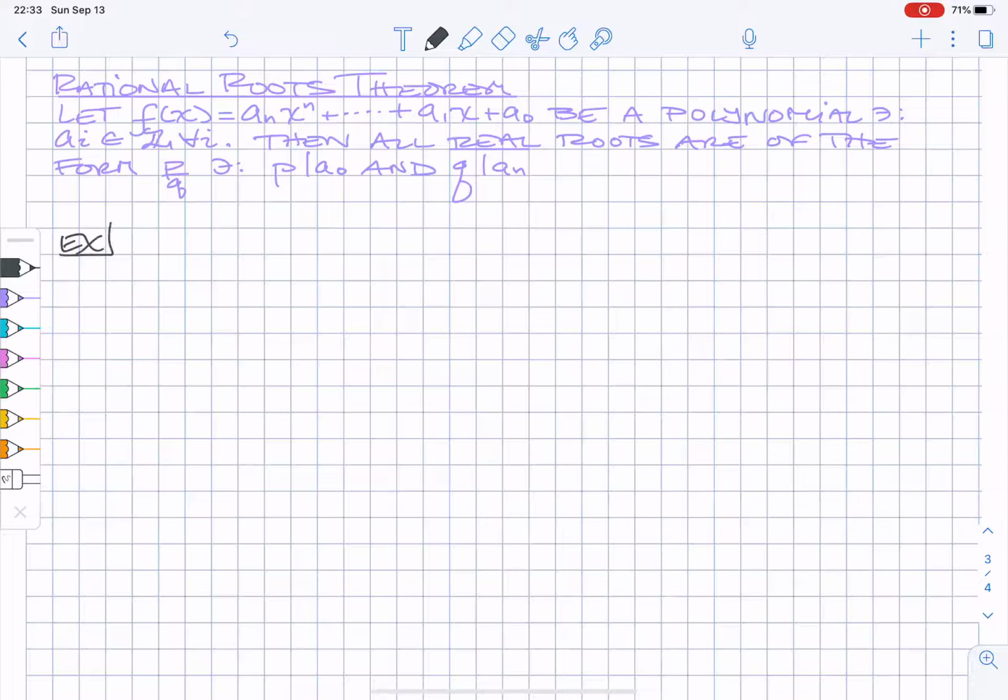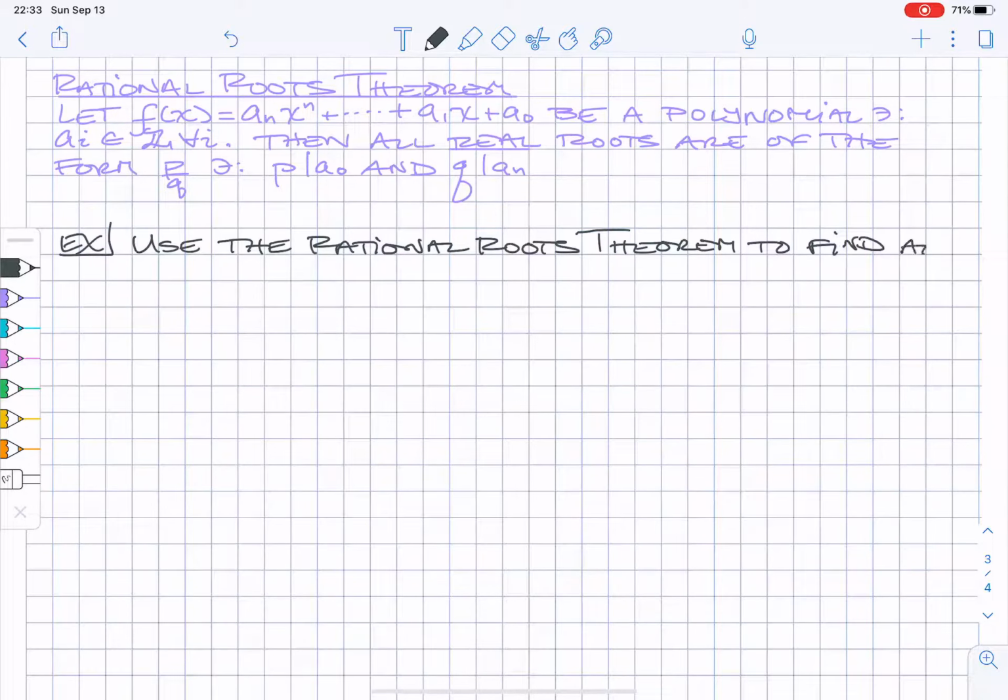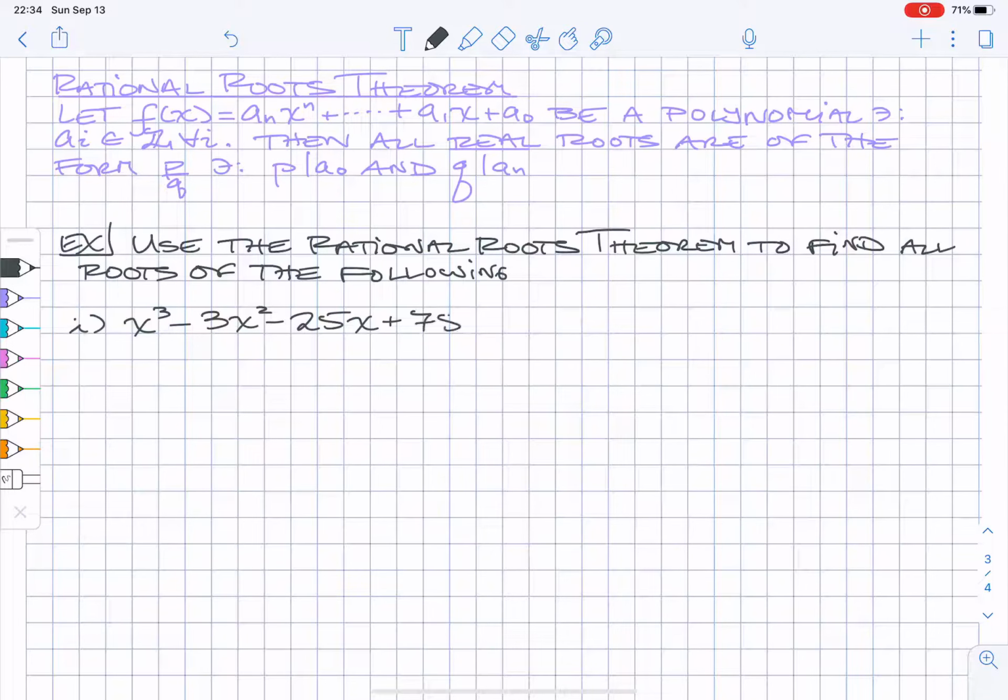So for example, use the rational roots theorem to find all roots of the following. Okay, so number 1, let's say we have x cubed minus 3x squared minus 25x plus 75 is equal to 0.